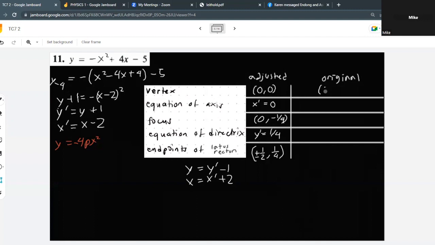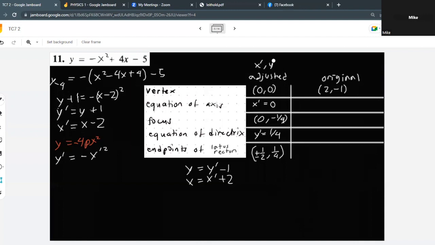Tapos yung equation dun sa ilalim, write down the transformed equation. And then, tingnan mo sa y equals negative 4px square. Yung ilalim ng red equation mo, dyan mo isulat, para ma-compare mo.